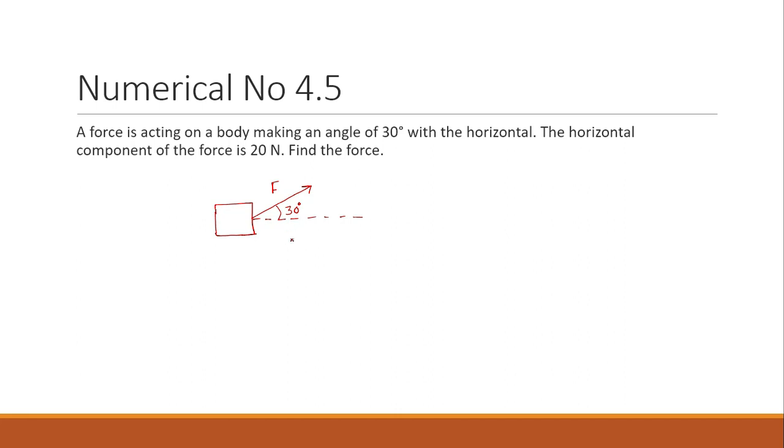The horizontal component of the force is 20 Newton. The component of the force in the x direction is given in this numerical. Its numerical value is 20 Newton. We have to find the force F.